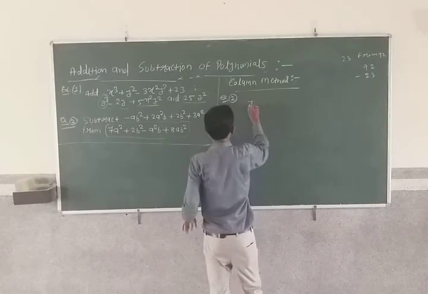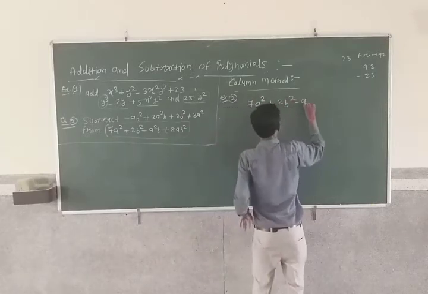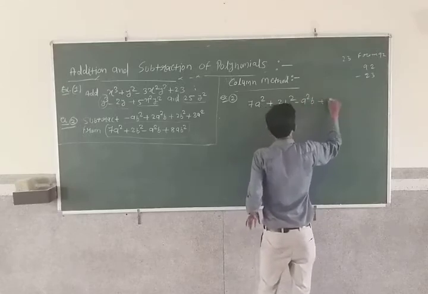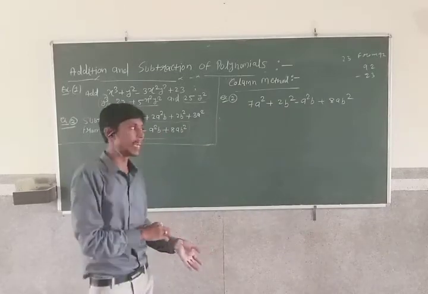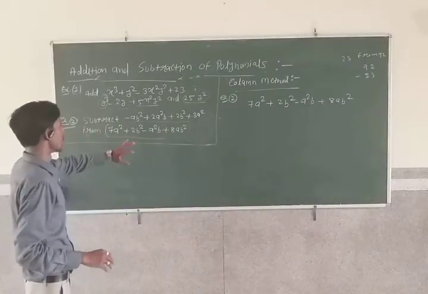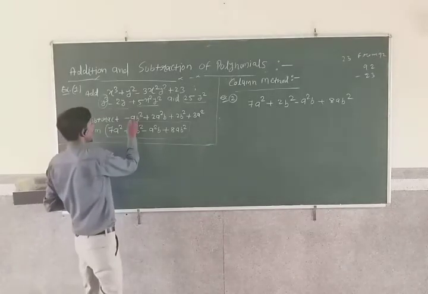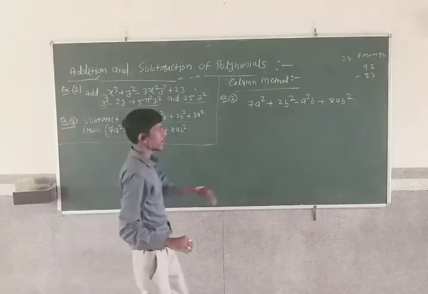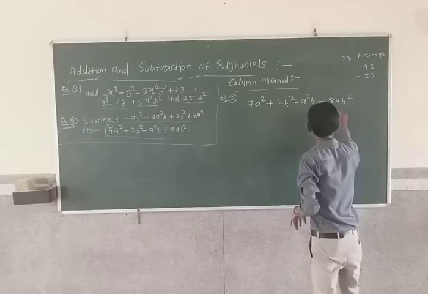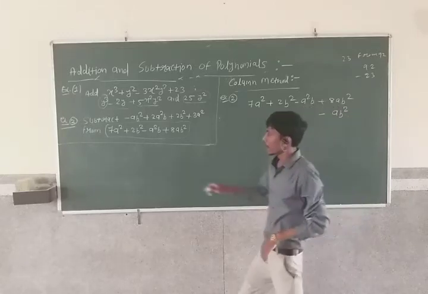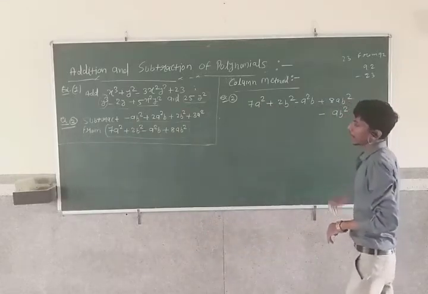First of all I will write 7a square plus 2b square minus a square b plus 8ab square. Now, as we did in the addition, we will write the similar terms in the same columns. This is the term of variable ab square, so it will be written downside ab square.